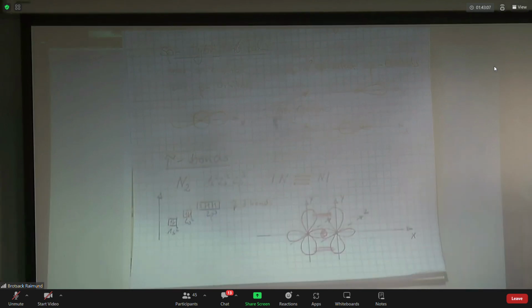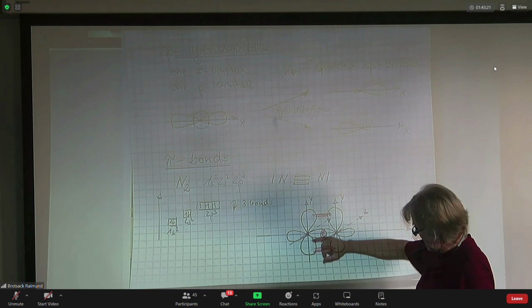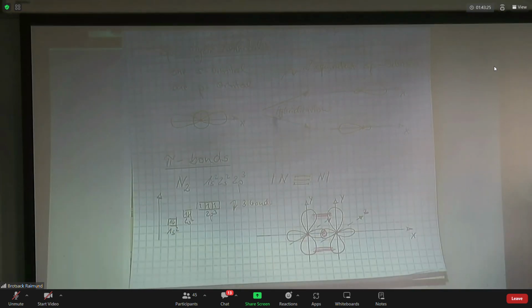So this is now py. The other one was px. Here we can overlap and rotate. But in py, we are not able to do that. The py overlapping area here is a pi bond. We cannot rotate.